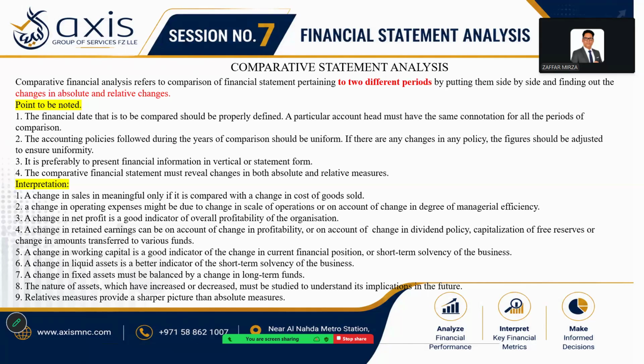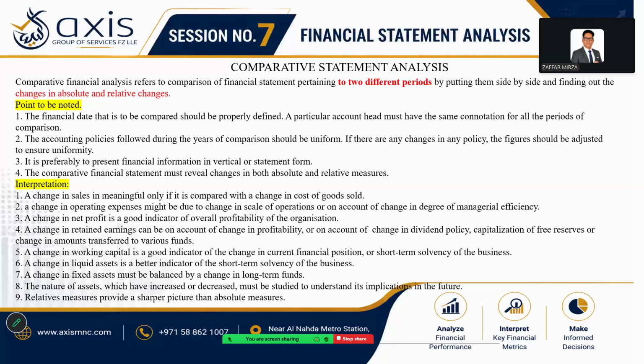Balance sheet: current assets, fixed assets, investments, total assets. The comparative financial statement must reveal the changes in both absolute and relative measures. This is very, very important. What do we have to calculate in comparative statement analysis, guys? We have to calculate the absolute change and the relative change.